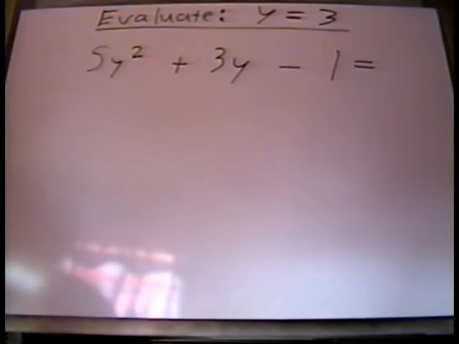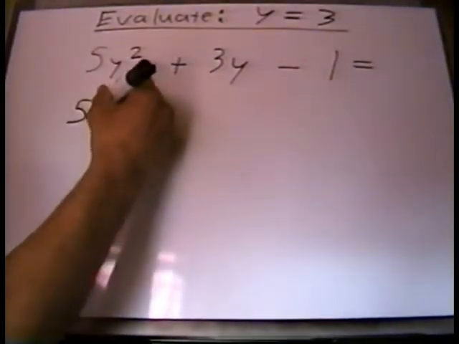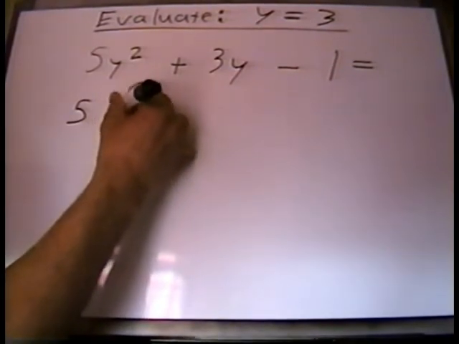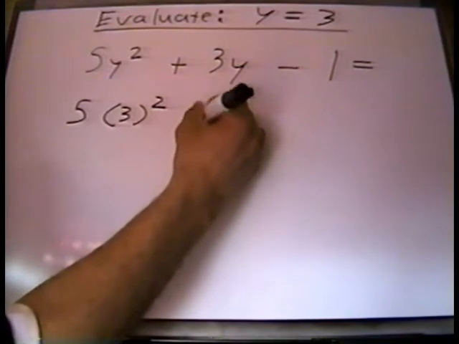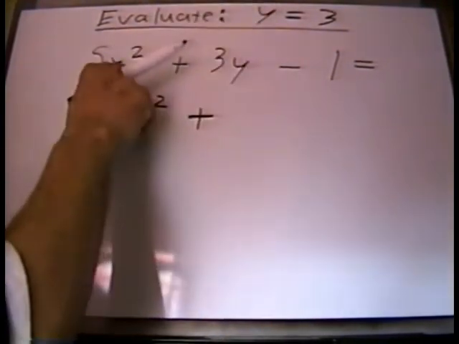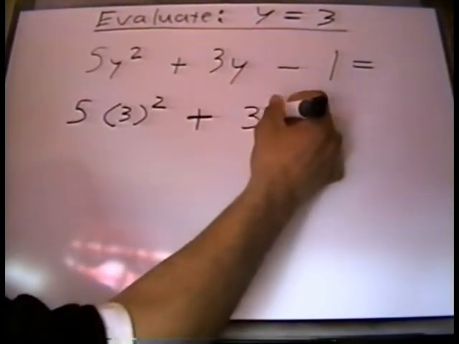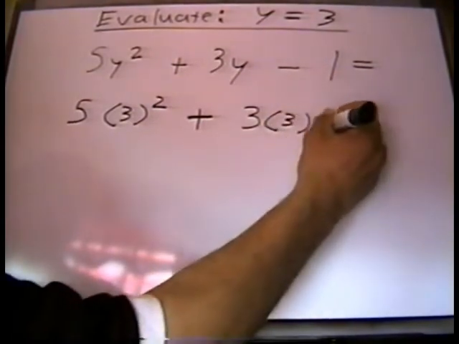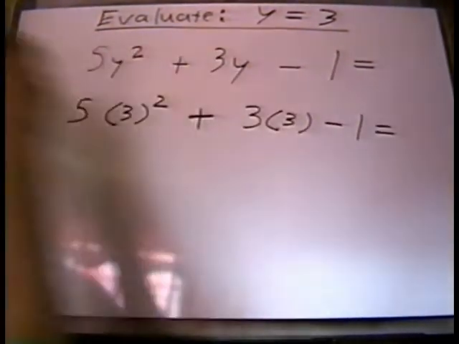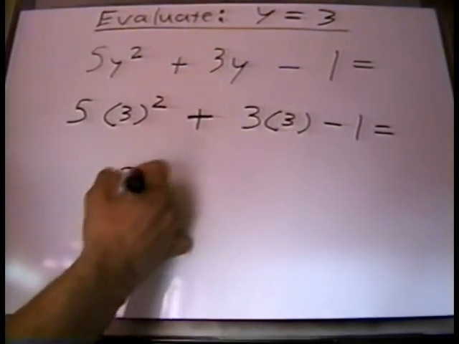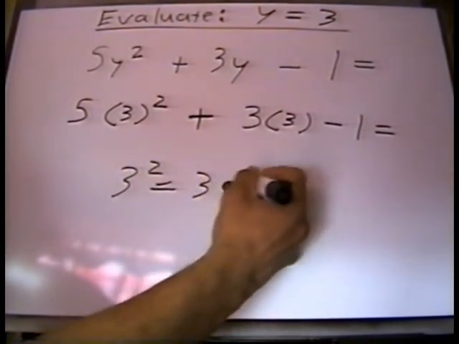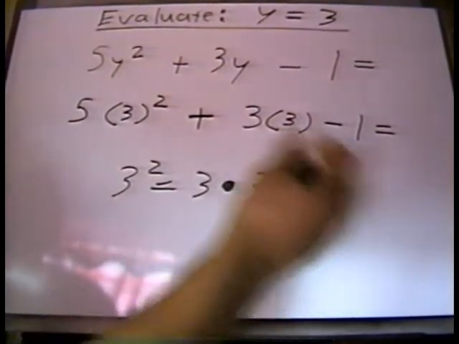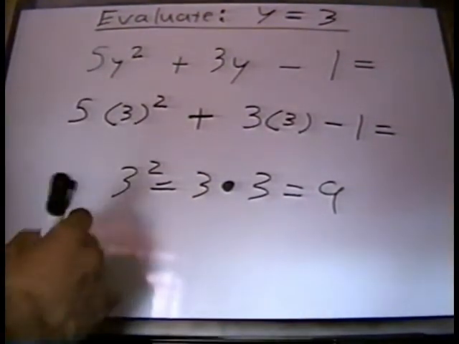We're going to do 5 times 3 squared. First you substitute 3 in everywhere you see a y. So your 3 squared equals 3 times 3, which equals 9.